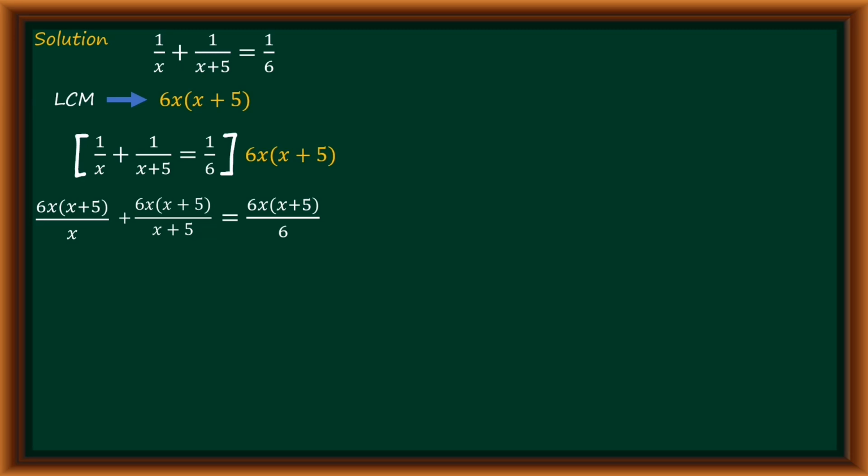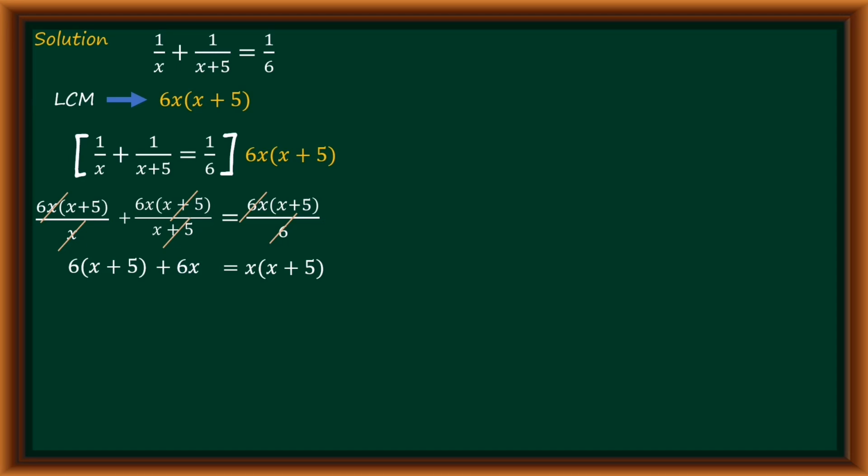Before simplifying, let us eliminate the common factors. In the first rational expression, x is eliminated. For the second one, x plus 5 is eliminated. And for the last one, 6 is eliminated. Let us simplify now. It is 6 times the quantity x plus 5 plus 6x is equal to x times the quantity x plus 5.